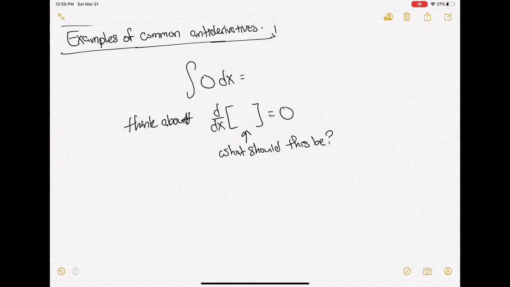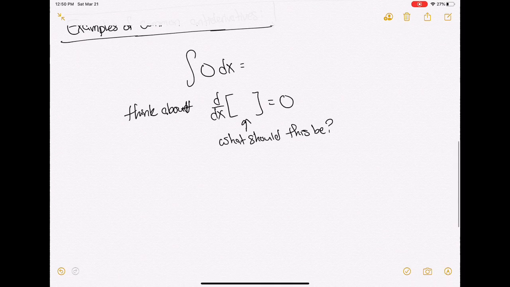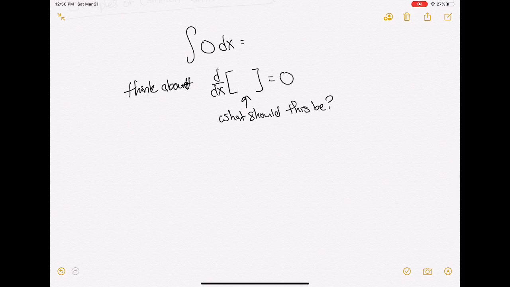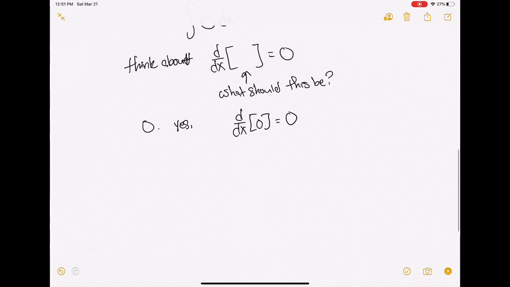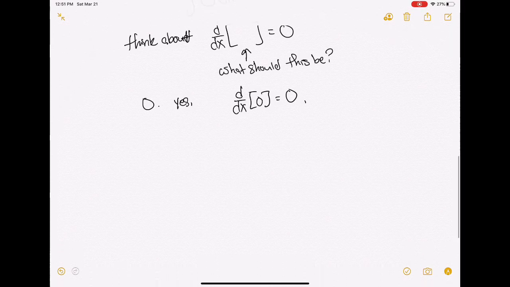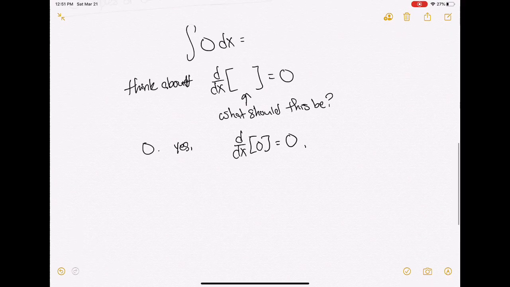And that's a really good question. What should it be to be 0? Well, a lot of you are probably saying 0. D dx of 0 is indeed 0. But can any of you come up with another function that I could put in to get 0?